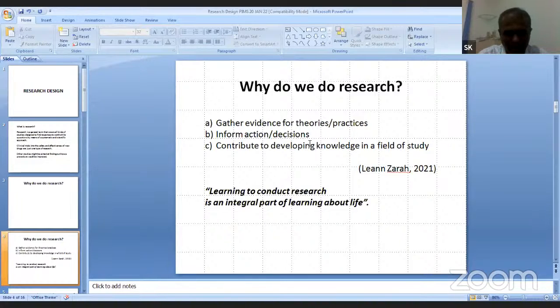For example, when the Omicron strain of coronavirus came into the picture, we had people at both the political and bureaucratic level sitting and talking, but they were looking for answers from people who actually had worked with the coronavirus, so they can provide some input. That input is based on some research. Research is going to tell the decision makers how we minimize the risk of the virus. C, contribute to developing knowledge in a field of study.